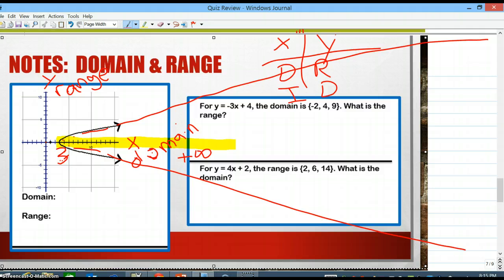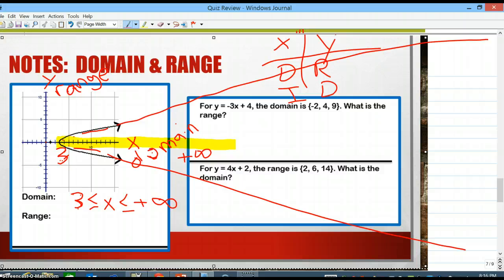So if we write this as a domain, we have 3 and positive infinity, and any x value is going to be 3 or greater than 3, and less than or equal to positive infinity. Again, it's positive infinity because our parabola is going to continue on forever and ever in the positive direction.